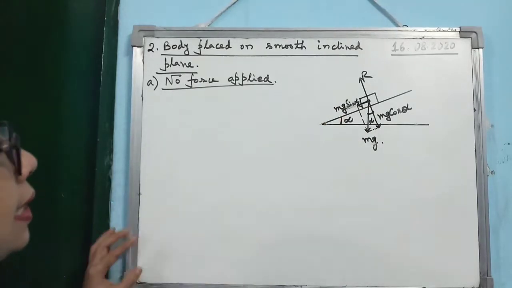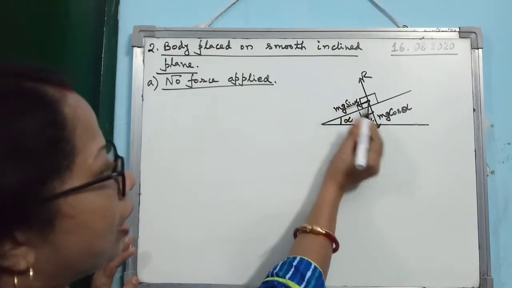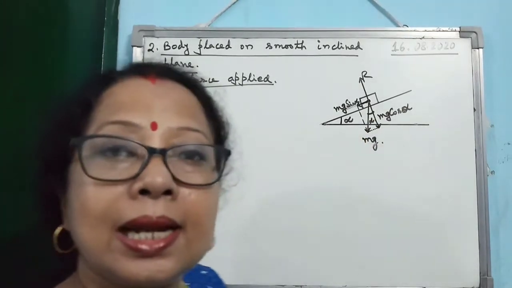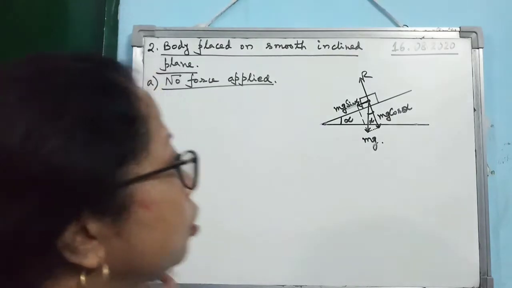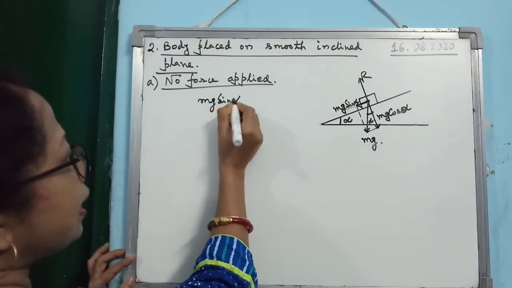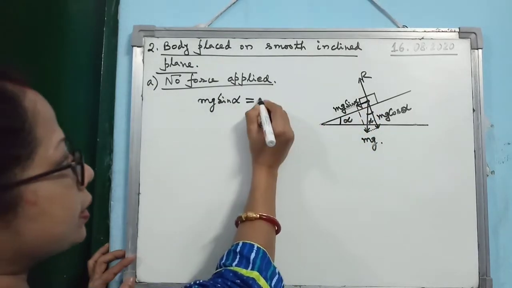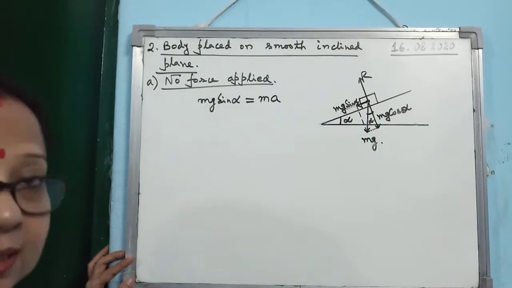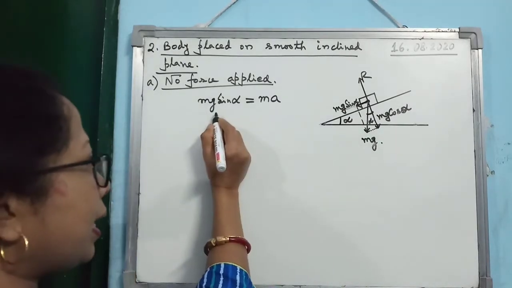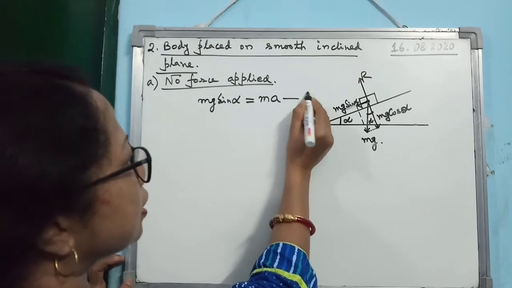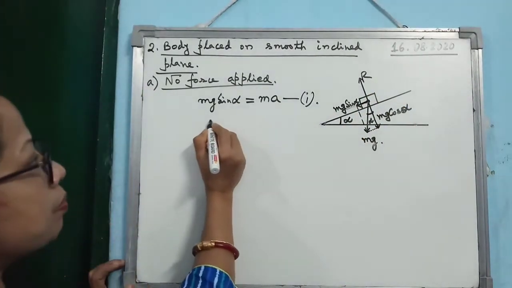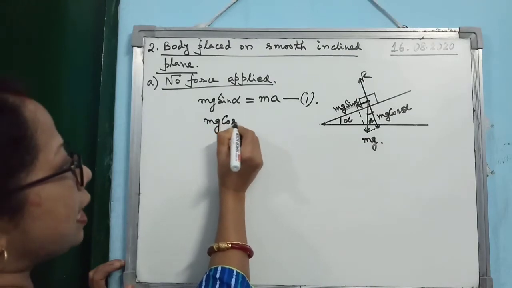So in this case mg sin alpha is acting in the downward direction, which will create acceleration or motion in the body. So you can say that mg sin alpha is the net force acting downward, which is producing acceleration. According to Newton's second law of motion, you can write mg sin alpha is equal to ma, and r is balanced by mg cos alpha.